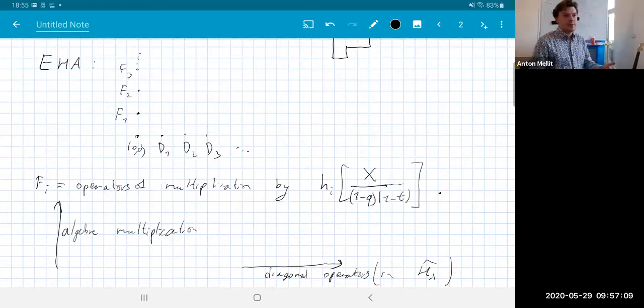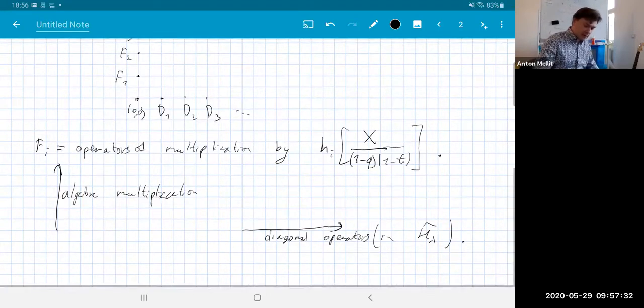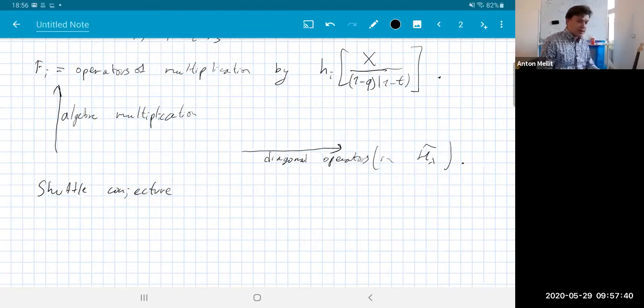In principle, you can write down generators and relations, and Schiffmann and Vasserot did it. But it is impossible to compute with this presentation, so it's very, very complicated. Okay, and what is the shuffle conjecture? The shuffle conjecture usually has two sides.